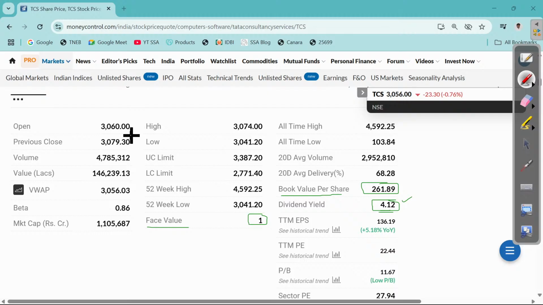So probably the share's price, what's today's rate? Today's rate is probably around 3070. Okay, we'll assume it is 3050. For 3050, 4.12 percentage will be dividend.